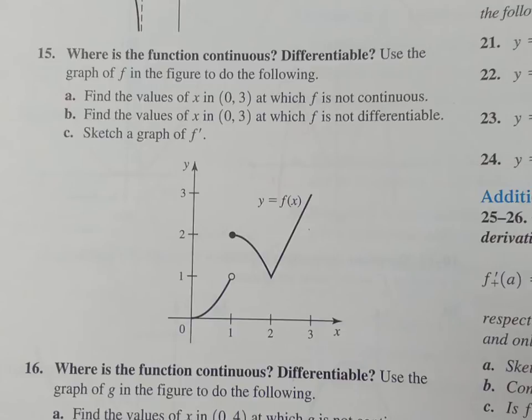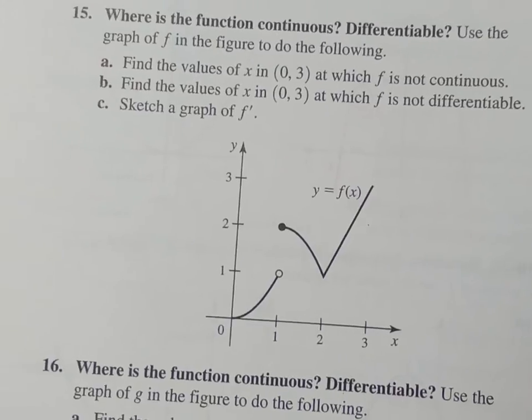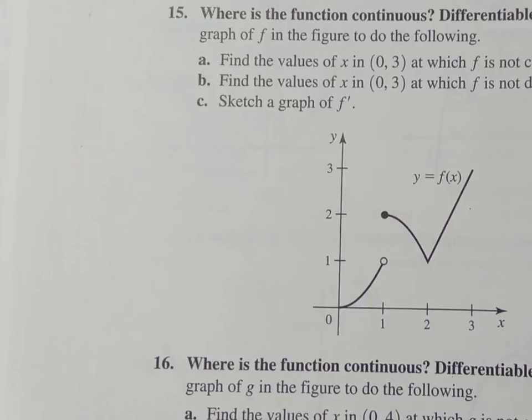I'm going to have to give me a, let's see, we'll do it over here. All right, so from 0 to 1, is that going to be above or below? Why would it be below?